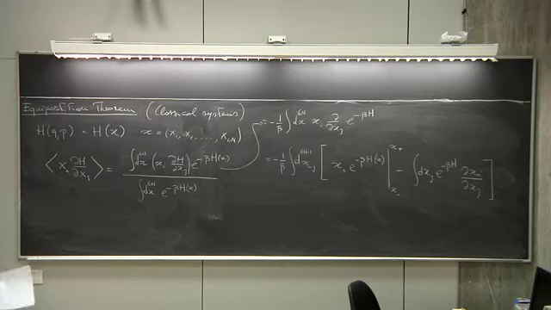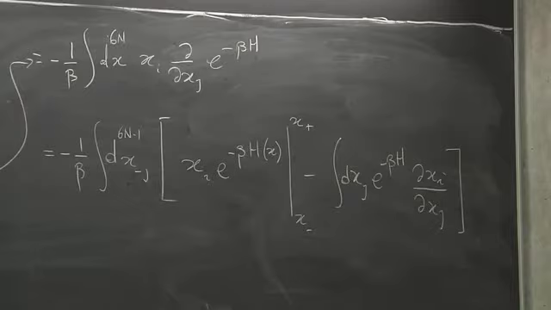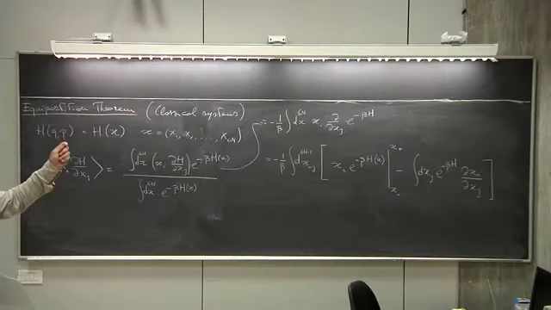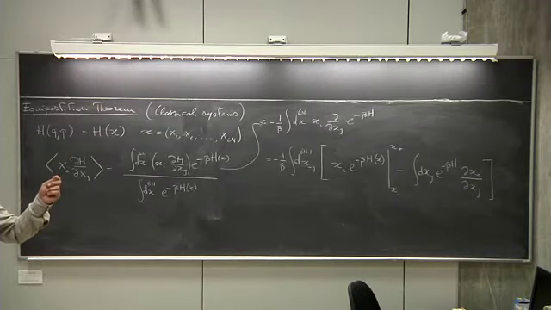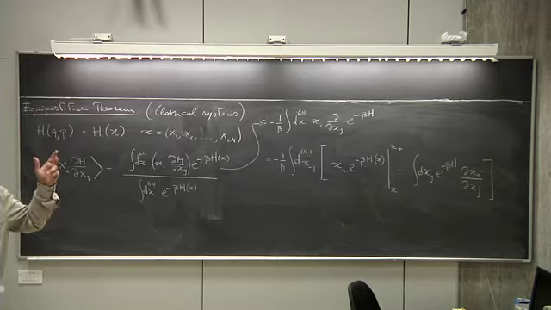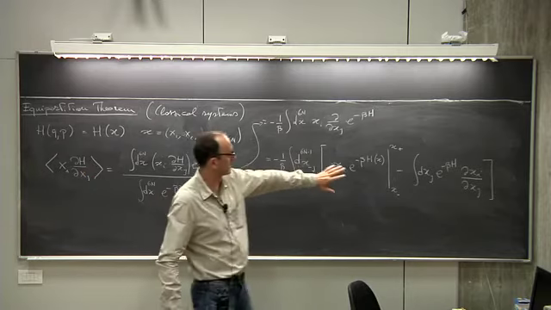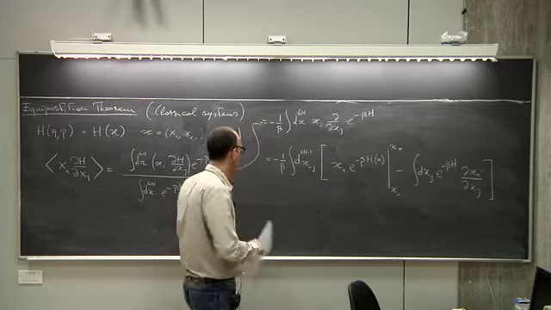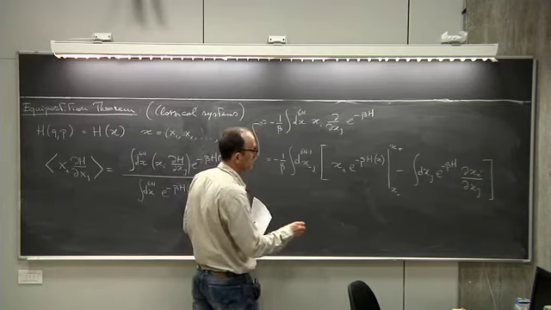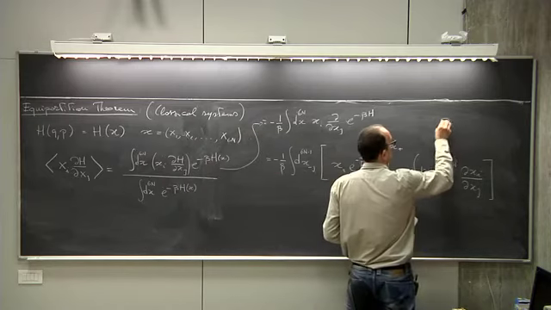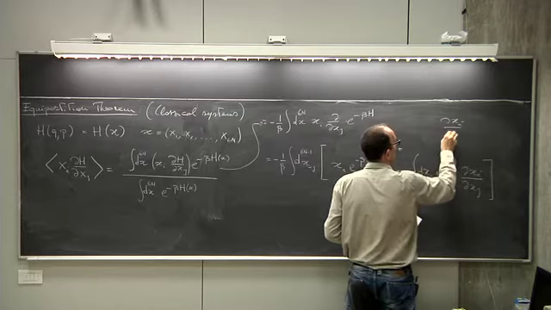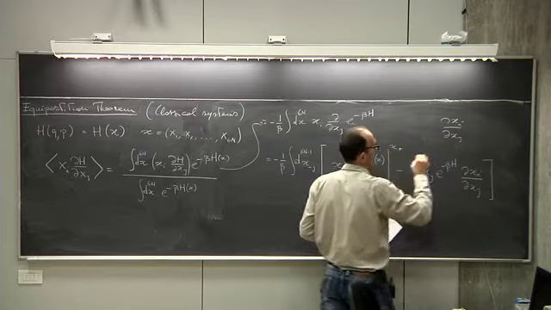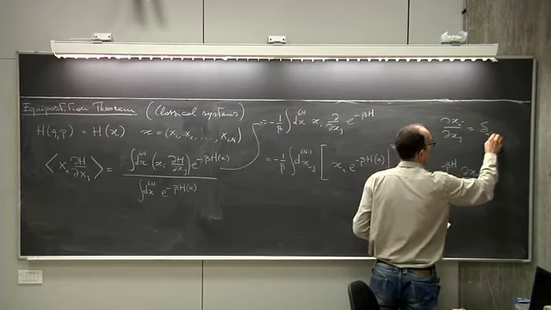Now the first thing is I will assume that as the coordinate xj goes to the extremes, the Hamiltonian, either the potential energy or the kinetic energy, goes to infinity, so that the boundary part of the integral is 0. The second thing is that the partial derivative of xi with respect to xj is the delta ij.